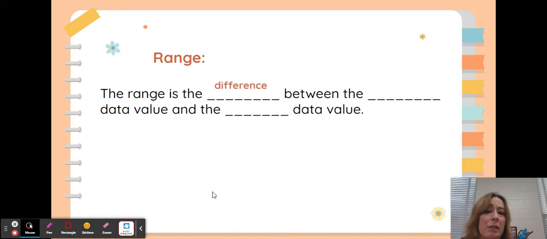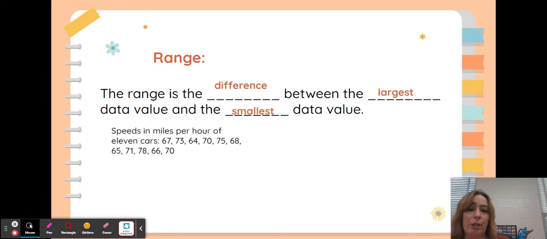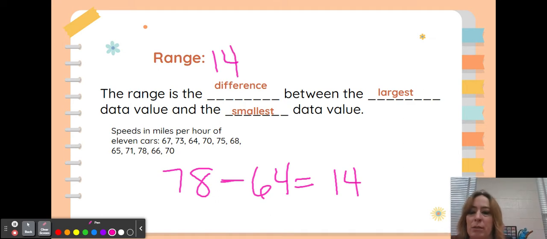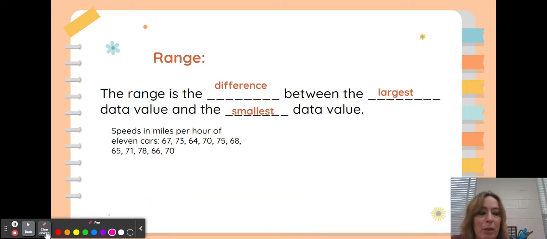The range is the difference between, remember, the largest data value and the smallest data value. So largest we know is 78. Difference means subtract. And the smallest was 64. So if we subtract that, we get 14. So our range is 14. Great job. You're doing a wonderful job. Keep it up.